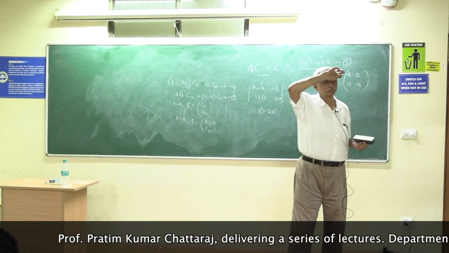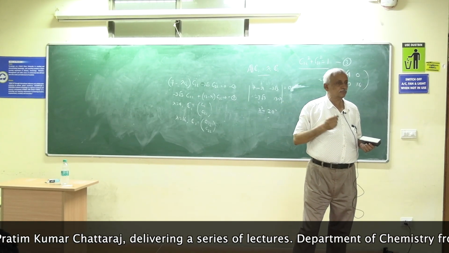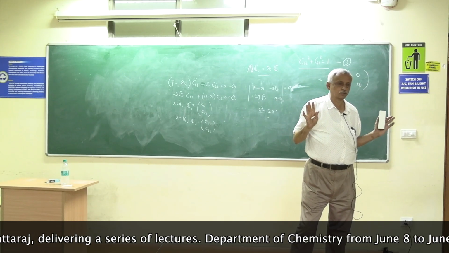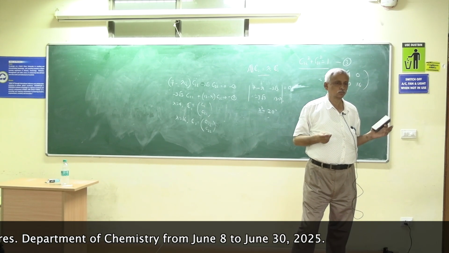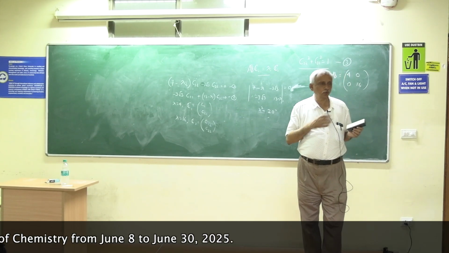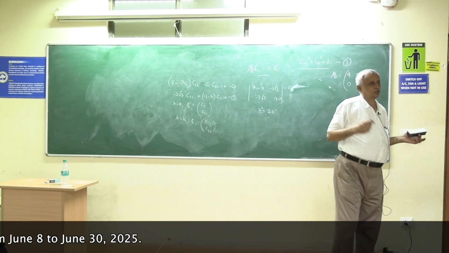Now you would be able to solve. You will get 4 values: C11, C12, C21, C22. Okay, 2 for lambda equal to 4, 2 for lambda equal to 16.